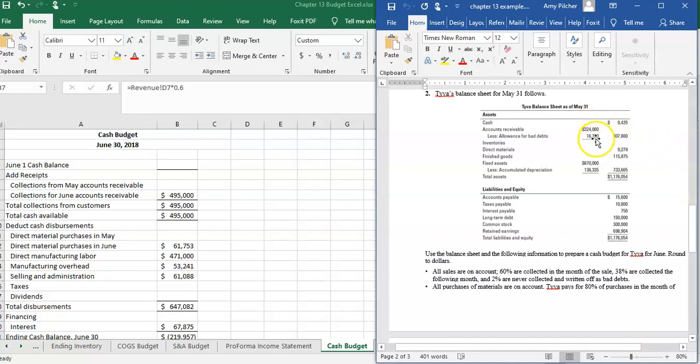We already have allowance for bad debts, so our accounts receivable net is $307,800. That is as of May 31st. It tells us that we collect 60% in the month of May, which we did, and then we're going to collect the remaining 40% minus a 2% bad debt.